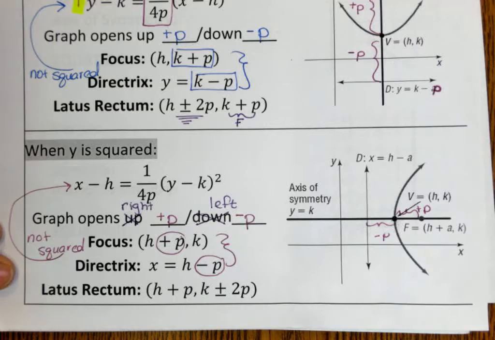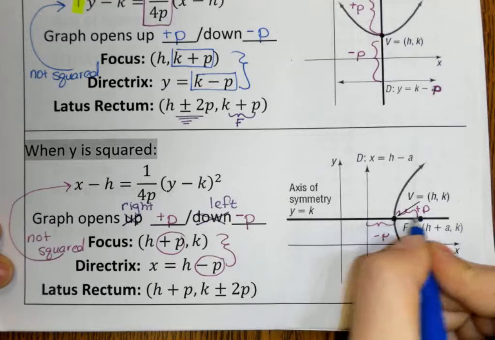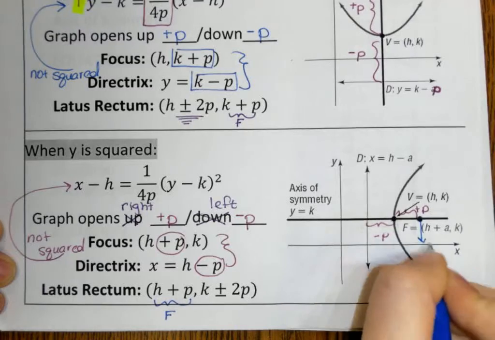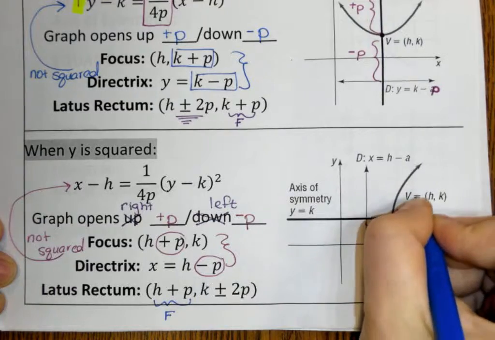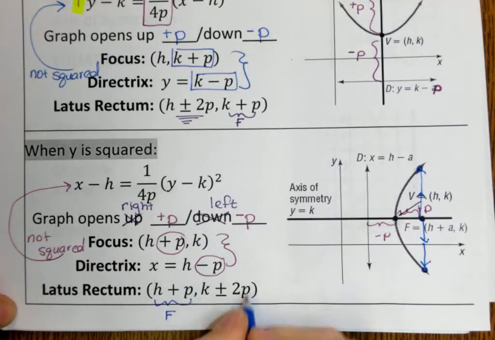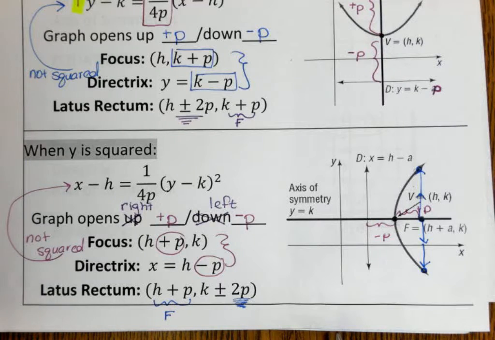For your latus rectum, you go to your focus, which was just 1p that way. Then I'm going to go 2p out for a point, and 2p out for a point. On yours, for some reason, this p was left off, so please fix your notes so that it says plus or minus 2p rather than just 2. It's not going to be that bad. Honestly, I think the latus rectum is the hardest part.